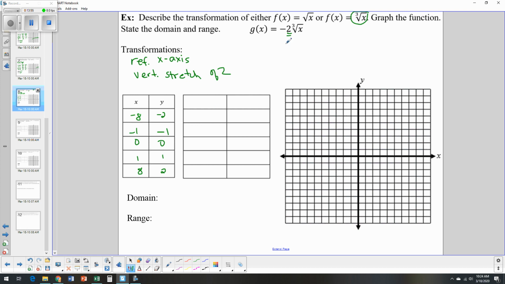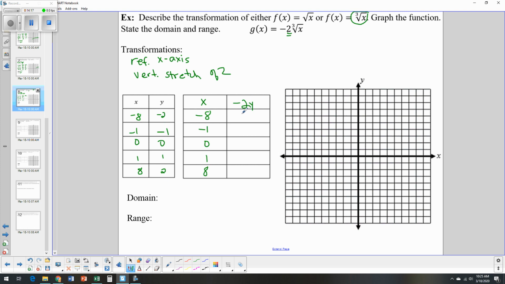And now my x is not changing. Nothing's happening at all to my x. But my y's are getting negative 2 times them. So all these get to stay the same. Okay? And we're going to multiply each of these by negative 2.